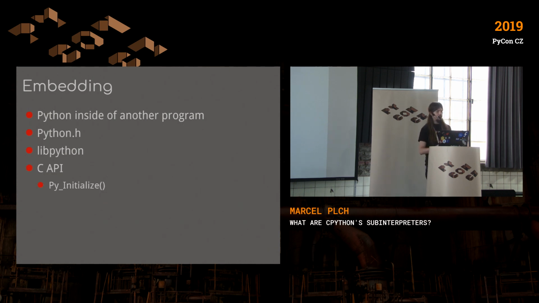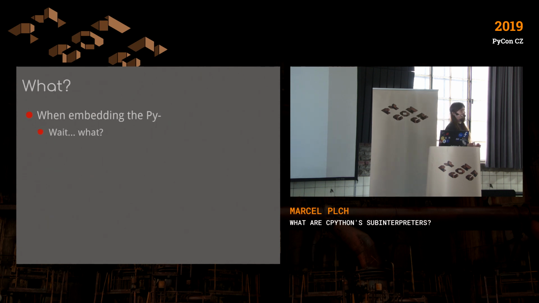The advantages of this is that you get access to a very, very rich C API, and the main thing we are interested in when embedding is Py_Initialize, which creates the Python context inside of the process.